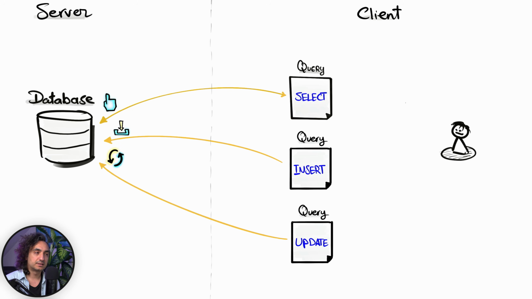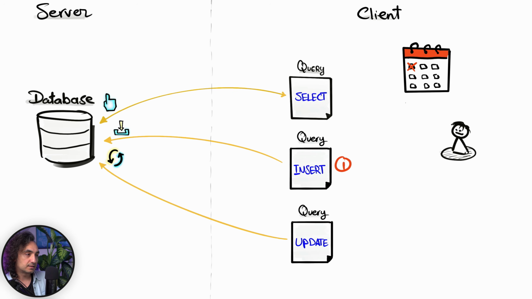Now let's say that what you are doing is not a one-time job. You keep repeating those steps over and over: an insert, then an update, and then a select, day after day.